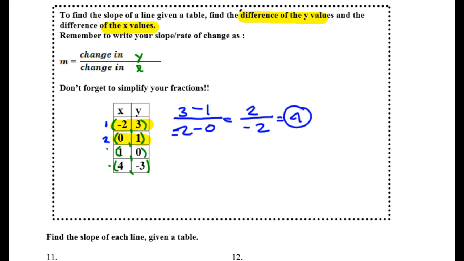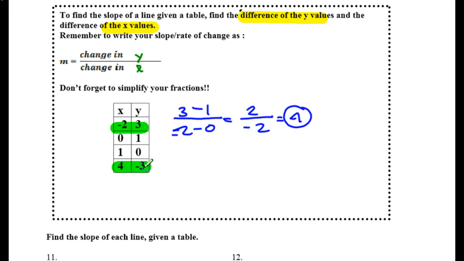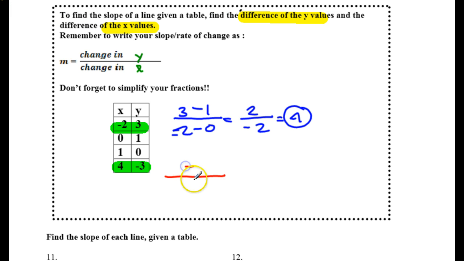Okay? Alright, let's try it a different way, just to show that it doesn't matter. Okay? So now I'm going to try the first point, and let's try the last point now. Okay? So, same deal. I'm going to subtract my y's, I'm going to subtract my x's. Let's plug it in. I'm going to plug this one in first, I'm going to plug this one in second. So my change in y, my rise, will be 3 minus negative 3. 3 minus, and then plug in the negative after that.